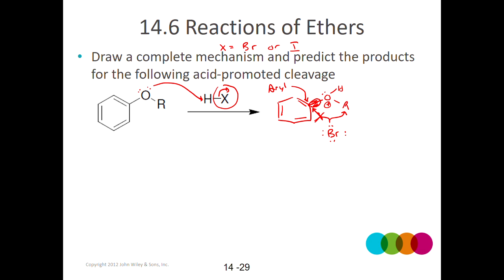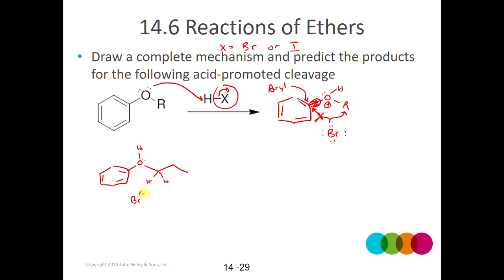So this R group, let's take a look at what it could be. Let's just look at two scenarios. Let's say the R group here is primary. So there's two hydrogens.